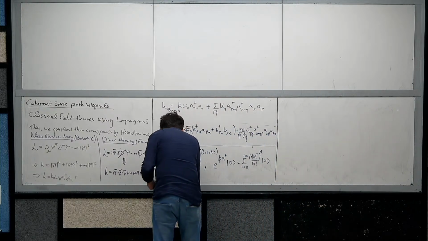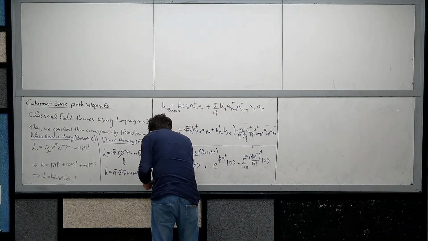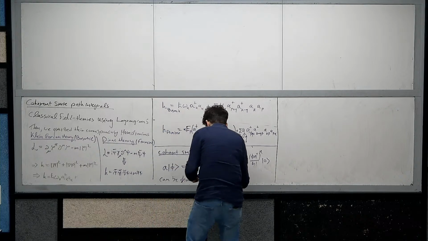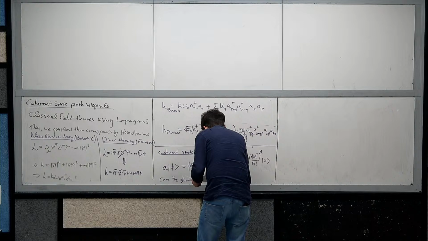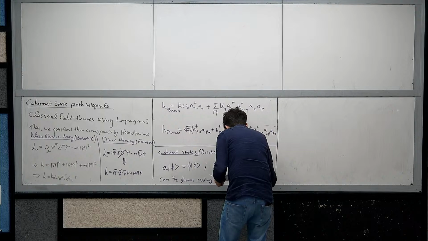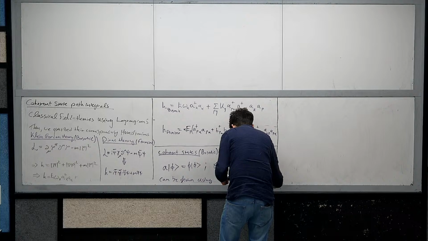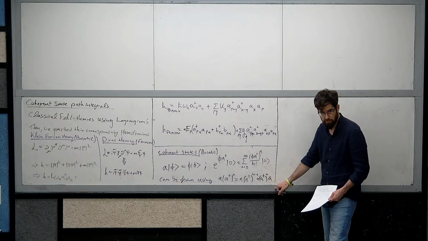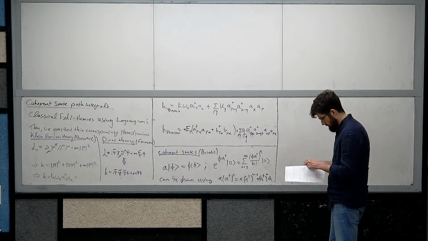All you really need is the, can be shown using the fact that a dagger to the power of n is like n a dagger to the power of n minus 1 plus a dagger to the power of n a. And the point is that the second term, because it's acting on the vacuum, destroys it.